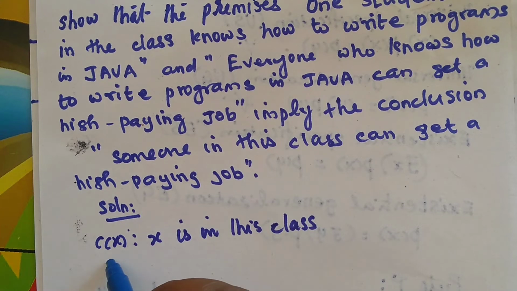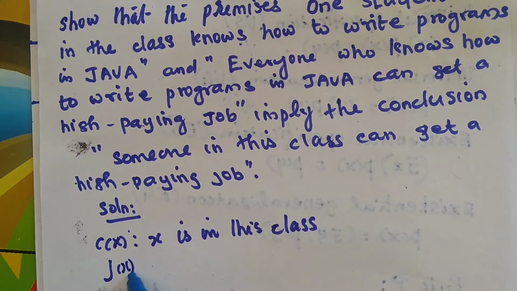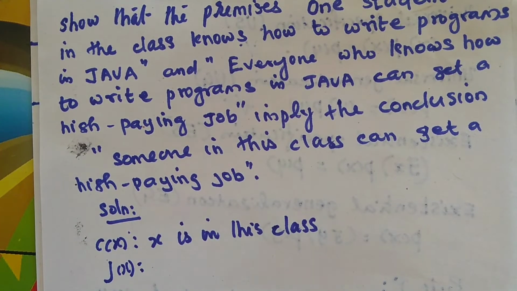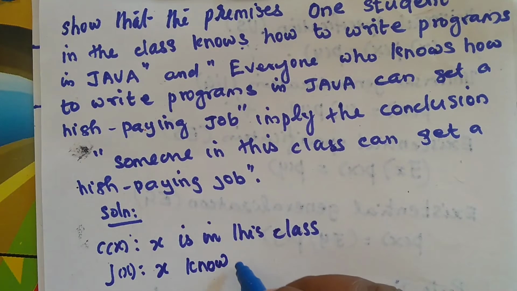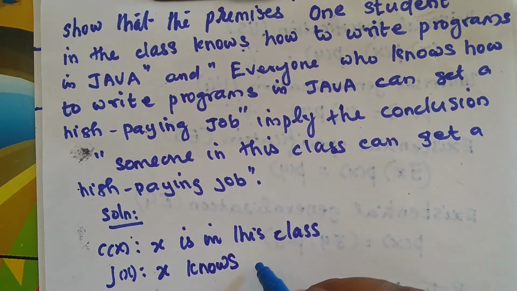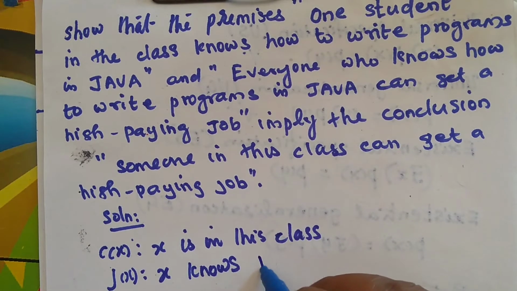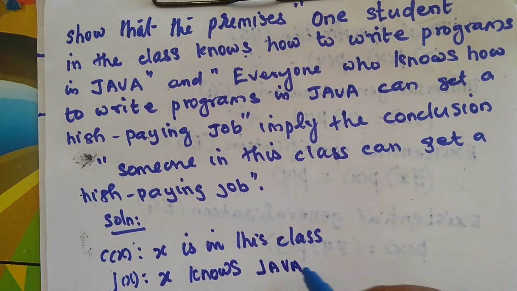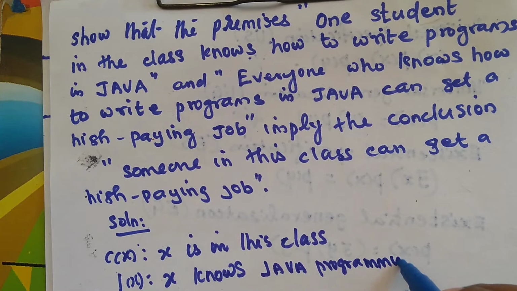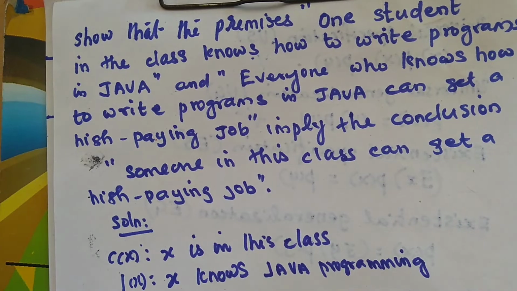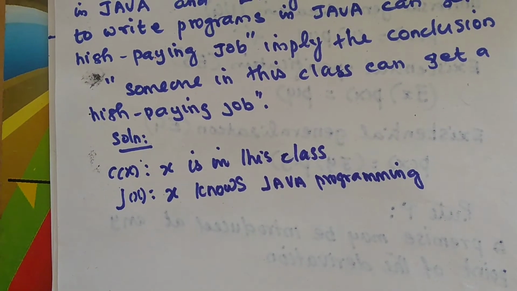Then j of x, so j of x is x knows Java programming.